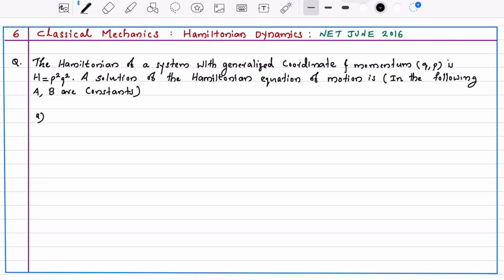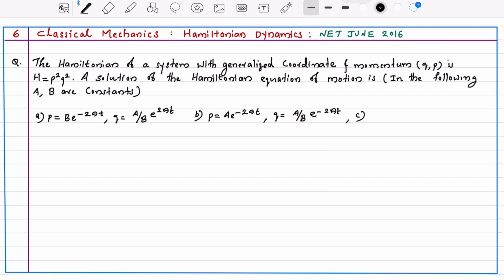Four options are given. Option A: p is equal to b e raised to minus 2at, q is equal to a by b e raised to 2at. Option B: p is equal to a e raised to minus 2at and q is equal to a by b e raised to minus 2at.